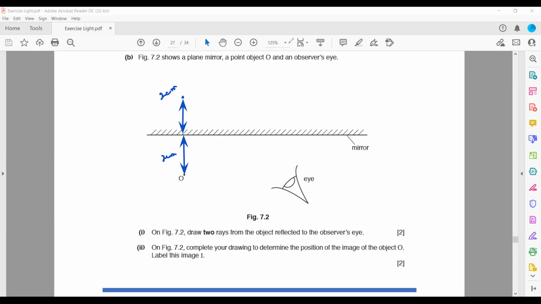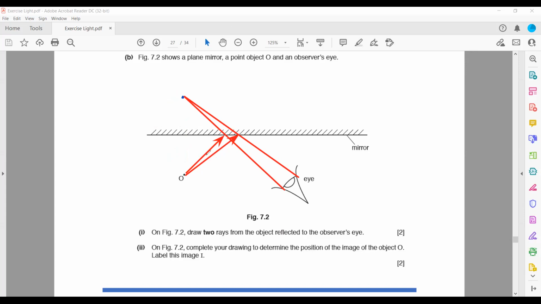And then join the points between the eye and the image and then draw the arrows. Measure this distance so that you will get the most accurate answer.